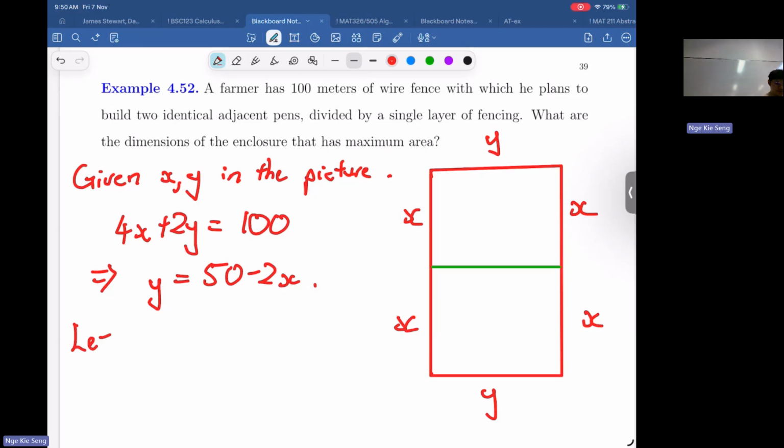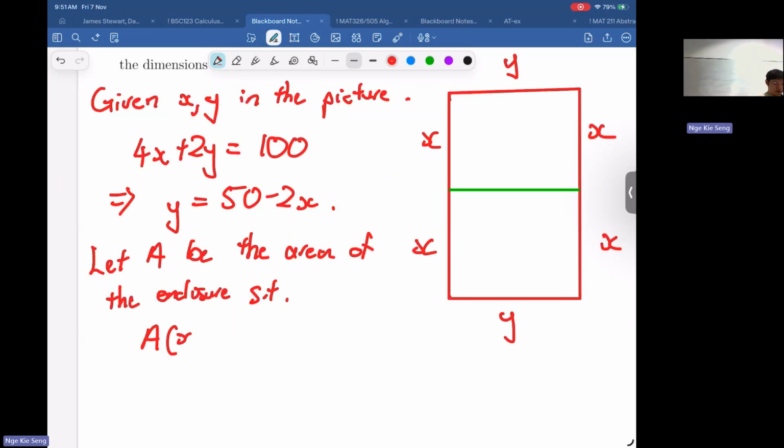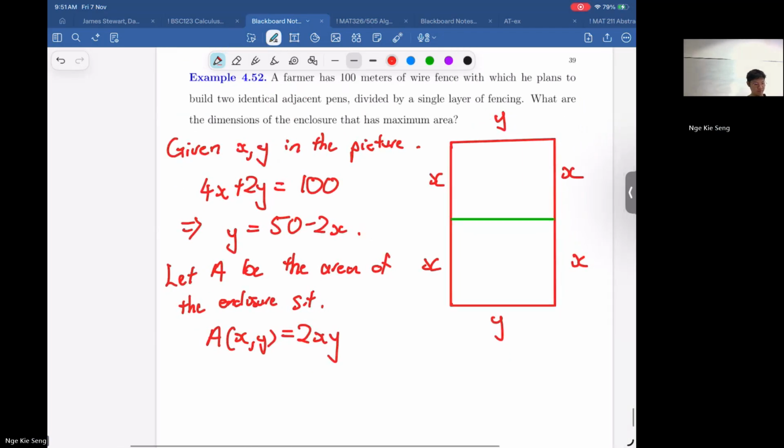So let A be the area of the enclosure. Which one do you want to maximize? If you maximize one of them, you maximize both of them, right? So just computing one of them is enough.